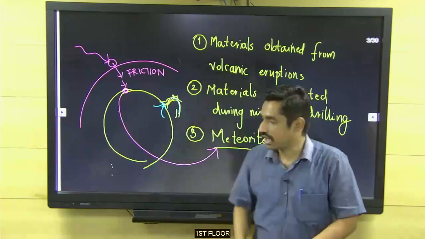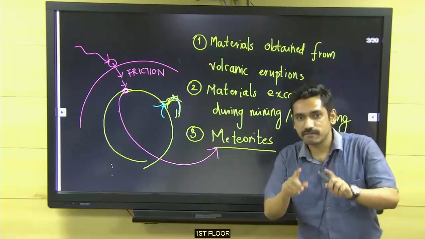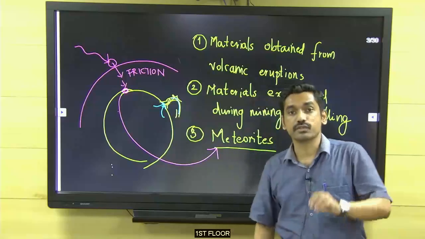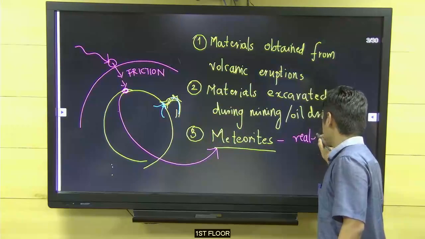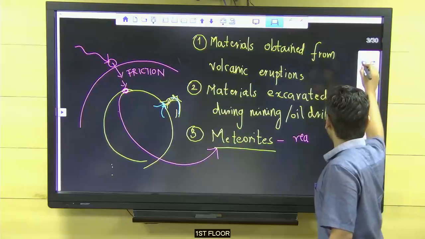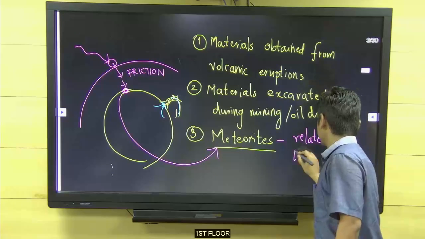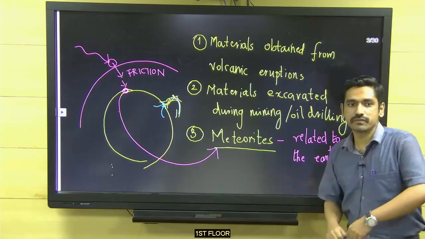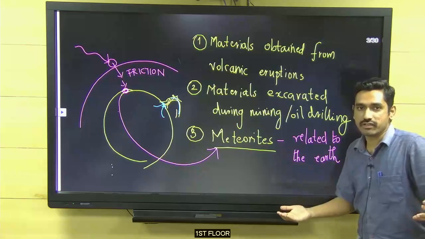Now you might be wondering, how is a meteorite an indirect source? Well, it works like this. If this object is there in the solar system, there is a very good chance this is related to the Earth. Because most of the star dust and chondrules which you find in the solar system will one way or the other be related.